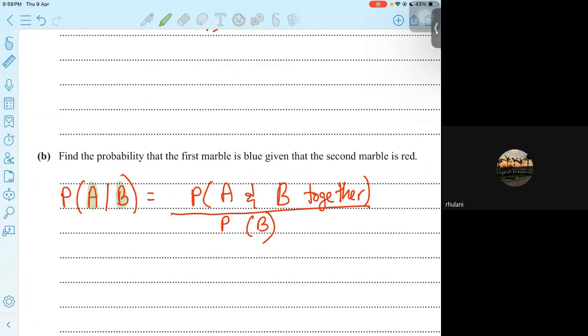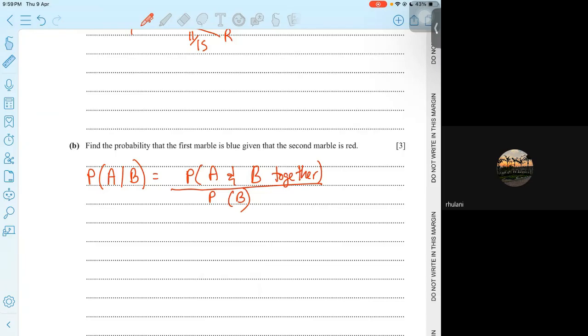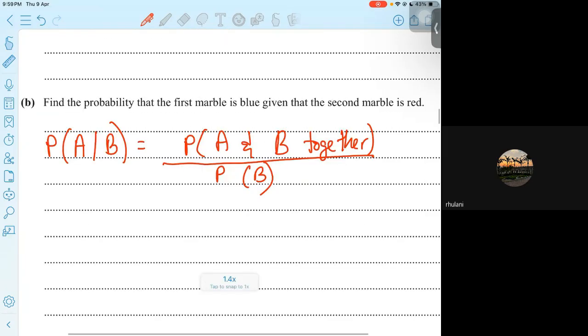So in this scenario, this A and B is going to be that the first marble is blue. So let's call this B1, given that the second marble is red. So that is R2. Okay. So the first thing that we choose has to be a blue one, and the second one has to be red.